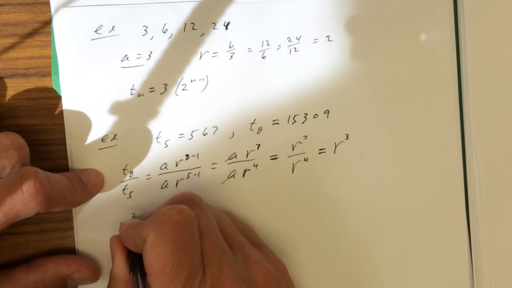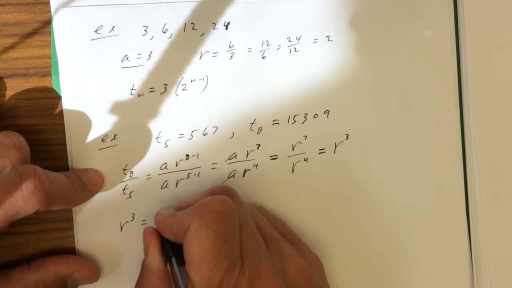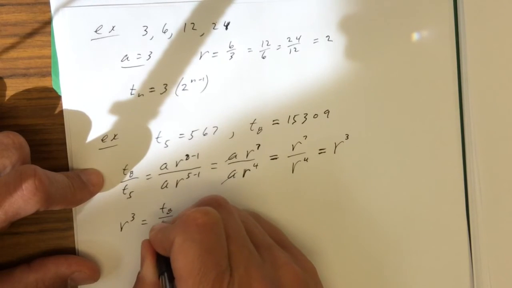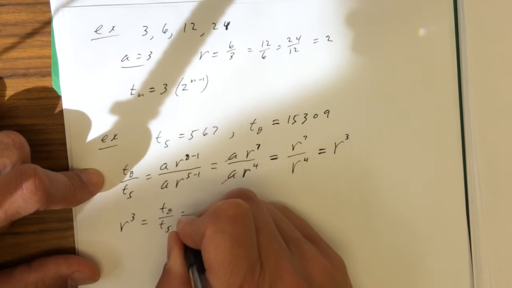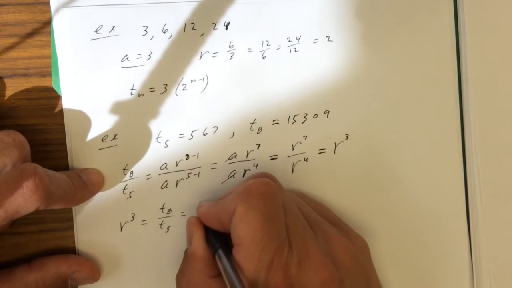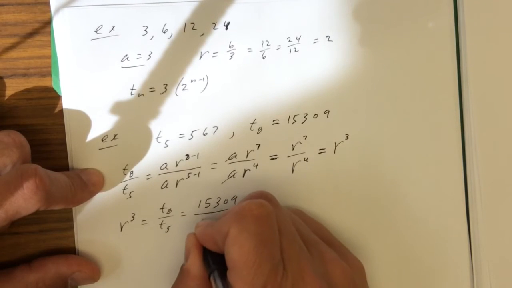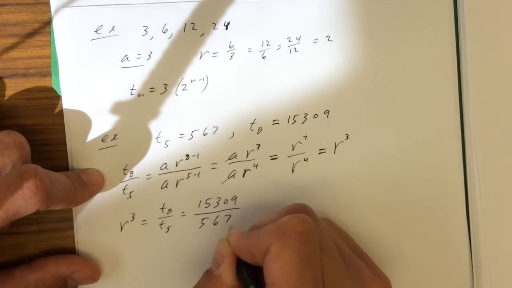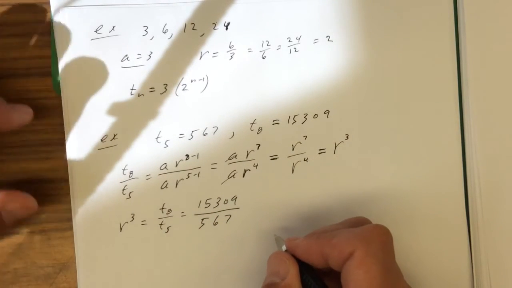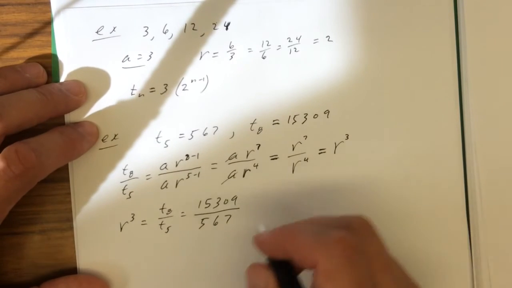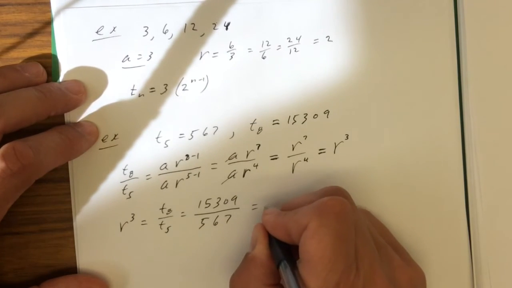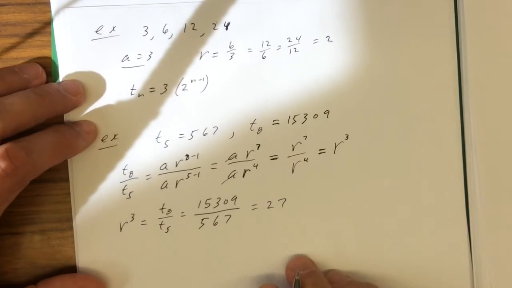So R cubed equals T8 over T5, which equals 15,309 divided by 567. And when you do that in your calculator, you end up with 27.